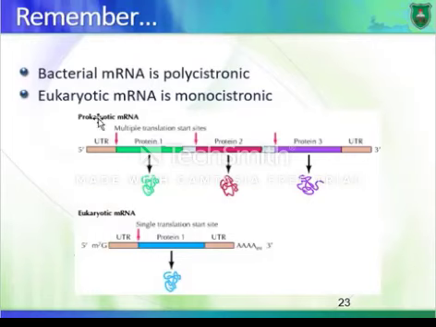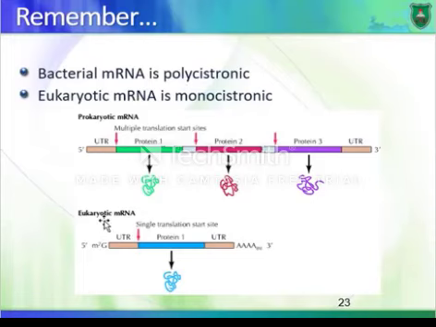First, I want you to remember that in bacteria, the mRNA is polycistronic. Again, polycistronic, what do we mean? We mean producing several or different proteins from a single transcription unit, from a single mRNA.